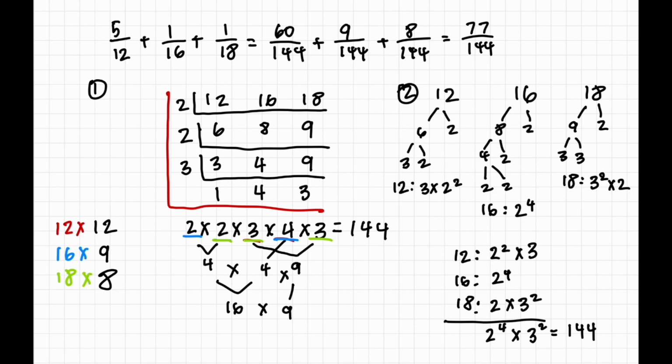Today we learned how to use the two methods on finding the least common denominator of three fractions. Remember that you can always use these methods for more than 3 or 2 fractions.